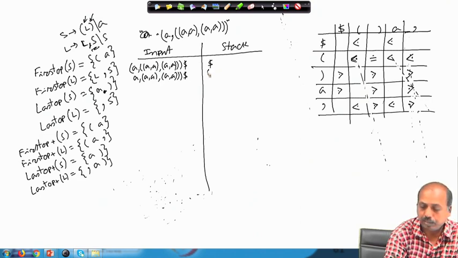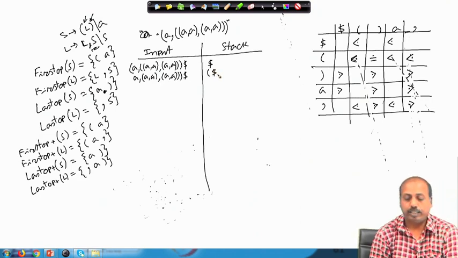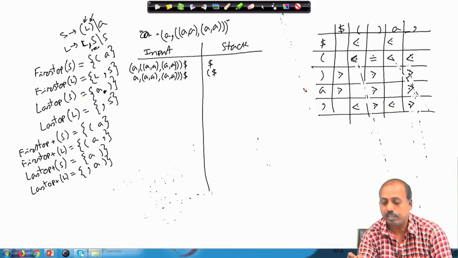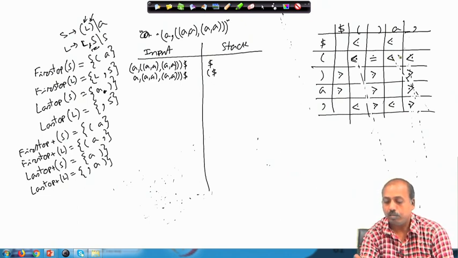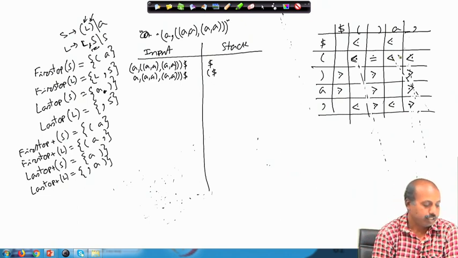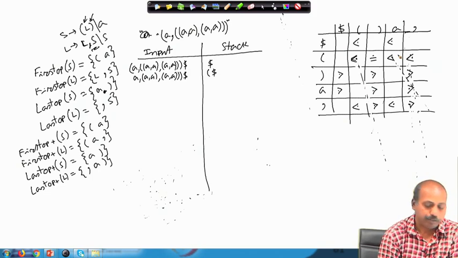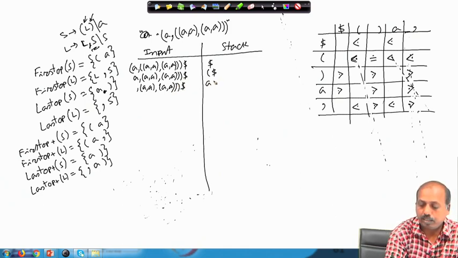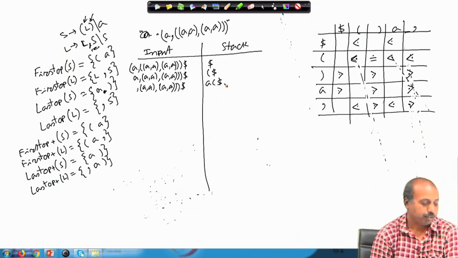Then the next input symbol is A and the top of the stack is open parenthesis. Open parenthesis is less than A, so this will also be shifted into the stack. The input now becomes comma A comma A comma A comma A dollar, and the stack becomes A open parenthesis dollar.